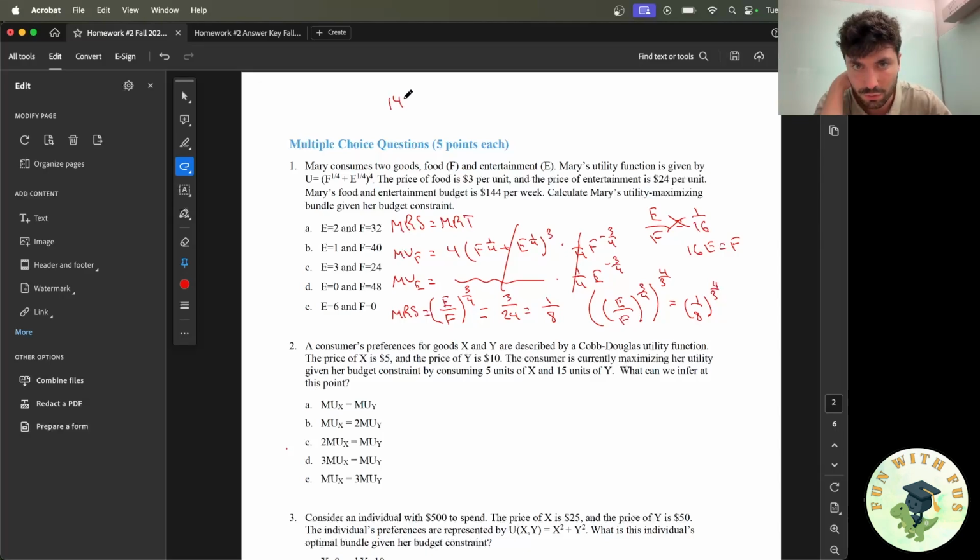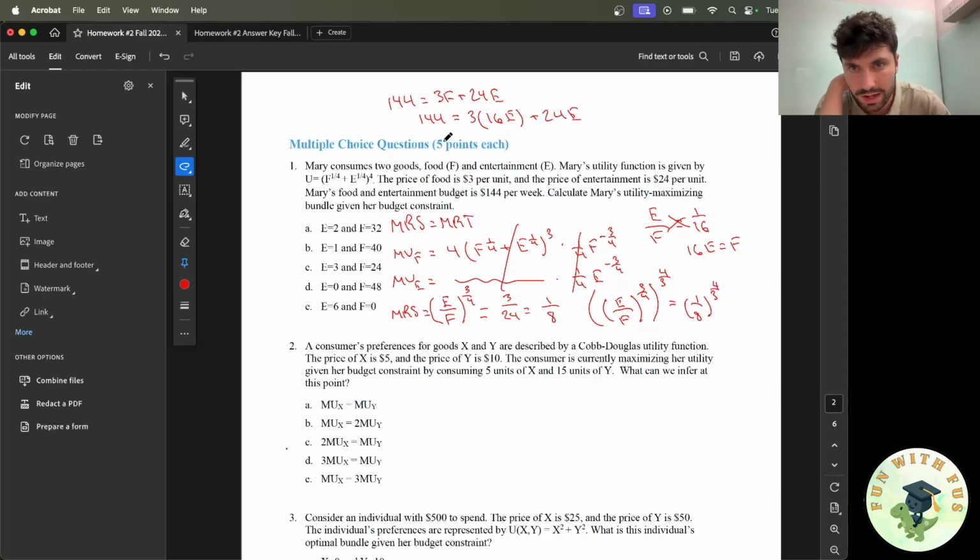So we can write out 144, and this is our budget equation from the first homework, would be 3F plus 24E, okay? And then we can just plug this in. So I know what F is equal to. So 144 equals 3 times 16E plus 24E.